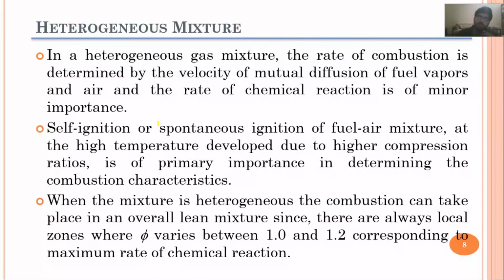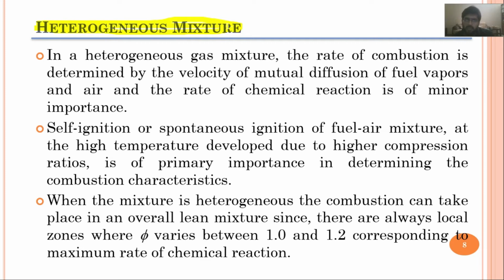Now moving forward towards the heterogeneous mixture. As I mentioned earlier, homogeneous mixture means that the carburetor is preparing the same amount of air fuel mixture, and the same amount of air fuel mixture will be going into the combustion chambers.